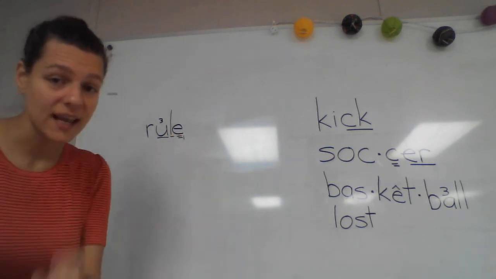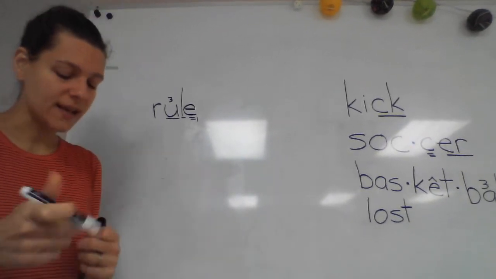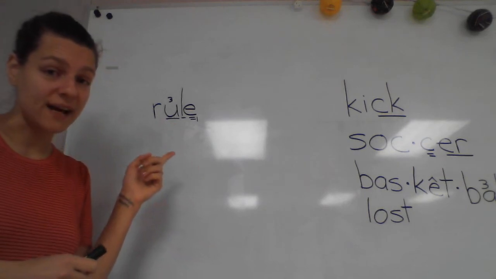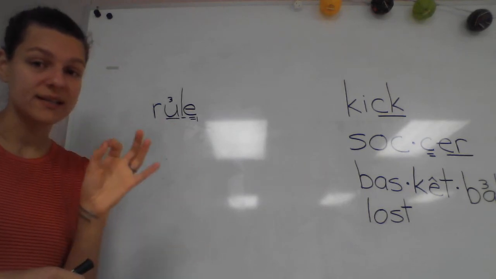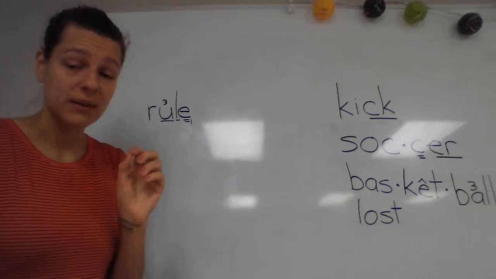All right, that's our singular noun. The plural is what? Good, rules. And like most of our nouns, to make this plural, we just add what? Good, s, z. So go ahead and write rules in the plural column.